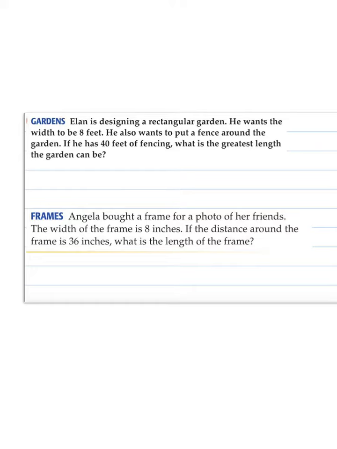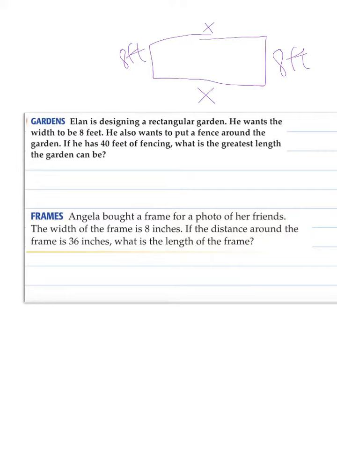Let's draw a picture here. Here's the garden. He wants the width to be 8 feet, so that means 8 feet on both sides. We want to know what the length can be if he has 40 feet of fencing. We don't know the length, so that's where I plugged in x.